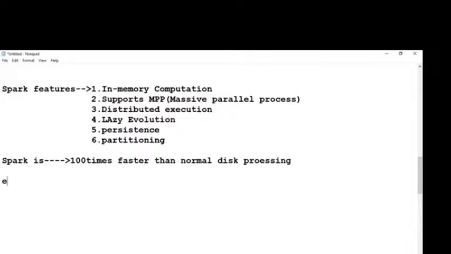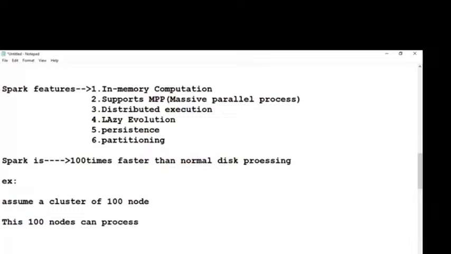For example, assume a cluster of 100 nodes. These 100 nodes can process 2 TB of data at a time.